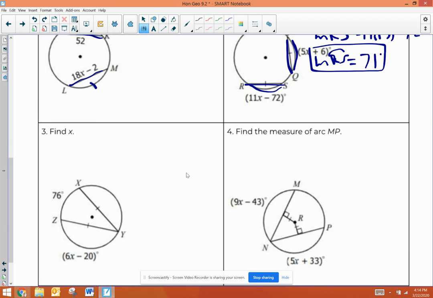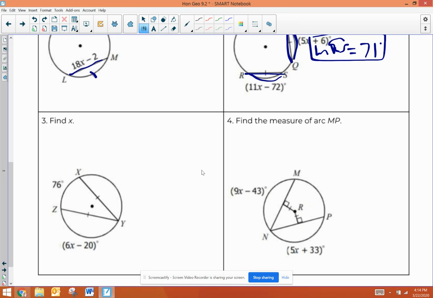All right, find x. This is fun. So if these chords are congruent, that means their corresponding arcs are congruent. But if I just set 6x minus 20 equal to 6x minus 20, I'm not going to get anywhere. So I wonder what that 76 is doing there.